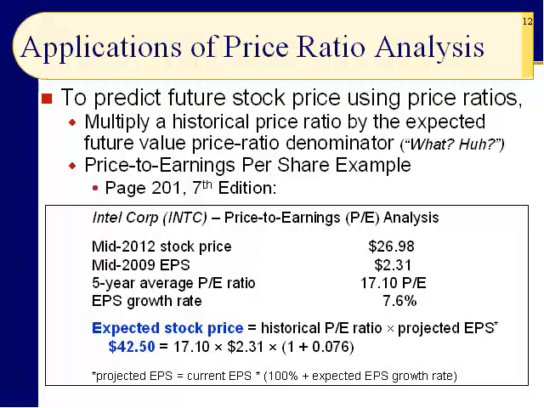We're simply taking that historical price ratio of 17.1, an average of the last 5 years, multiplying it times the current earnings per share, and then increasing that by the growth rate, 1 plus the growth rate, whatever we believe or the analysts tell us or whatever we think is going to happen in the future.